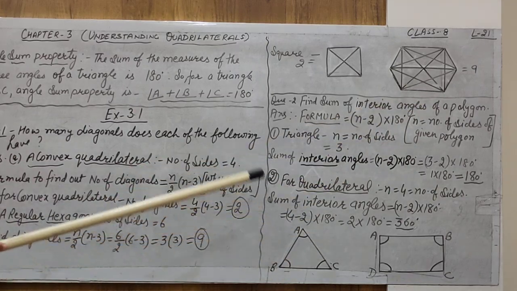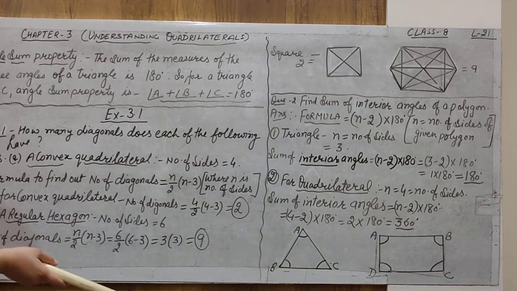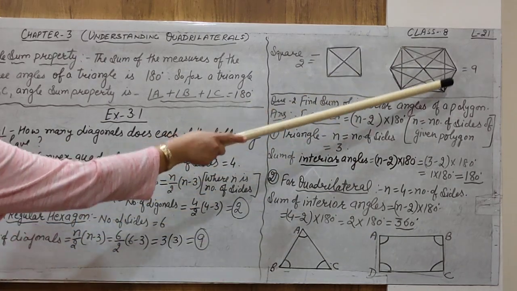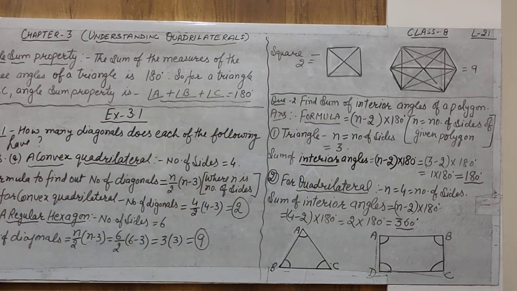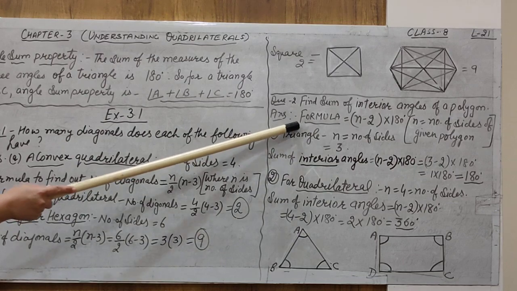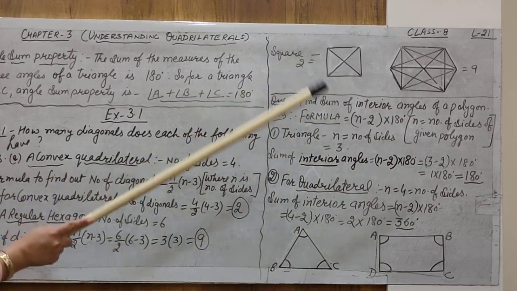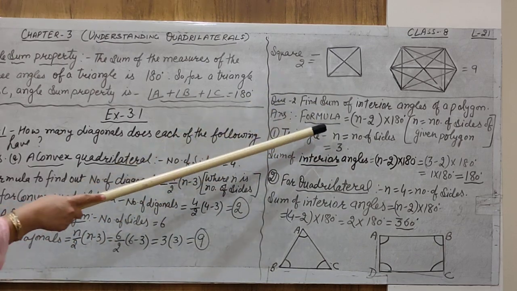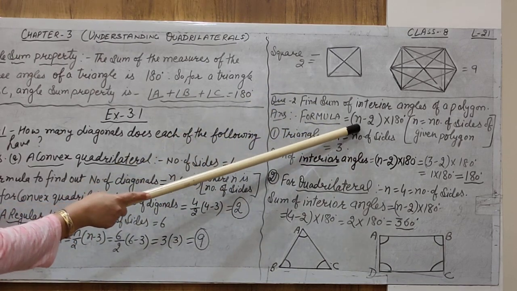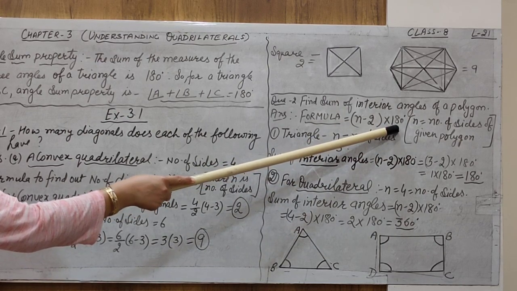In a hexagon, there are 6 sides, 6 vertices and 6 angles. The sum of all 6 angles is called the sum of interior angles of a polygon. Now, there is a formula to find the sum of interior angles of all polygons. One formula is used for all polygons. The formula is n minus 2 multiplied with 180 degrees.